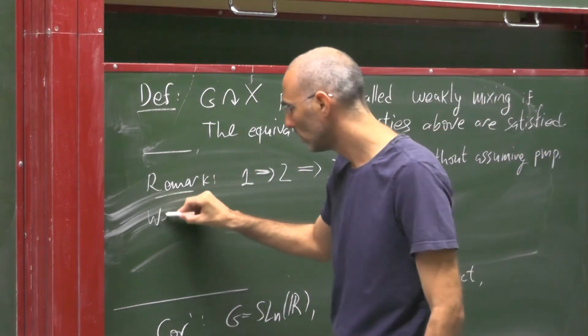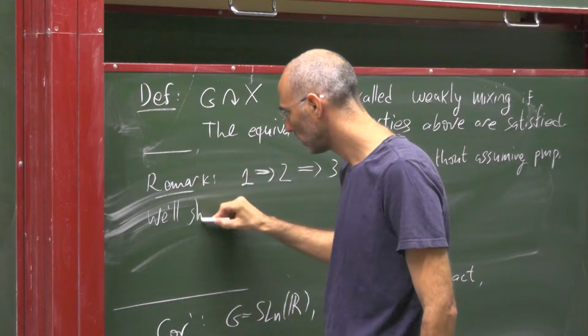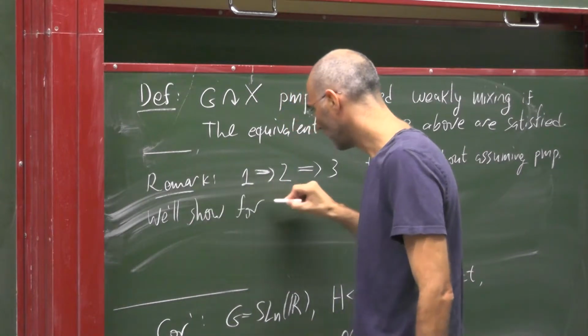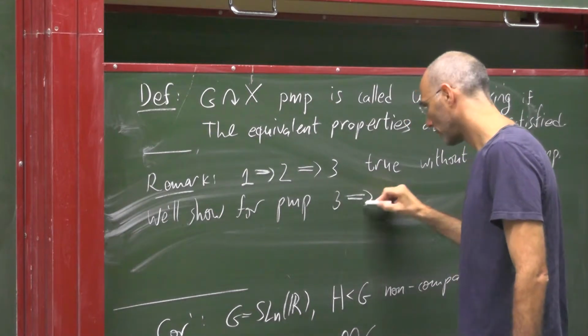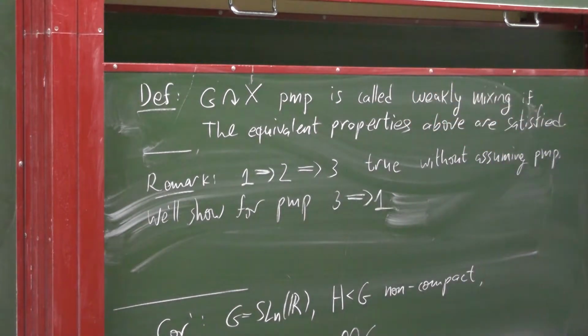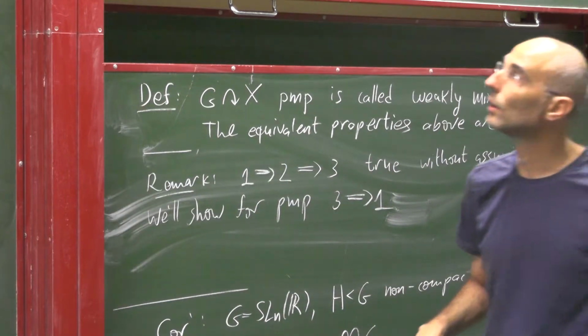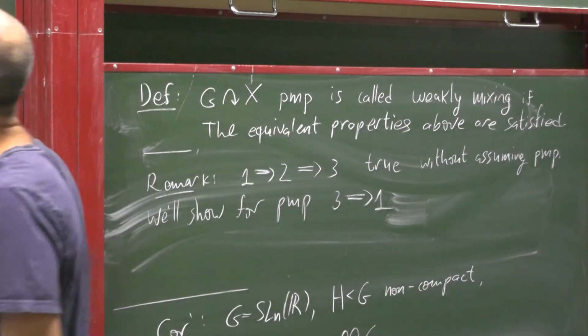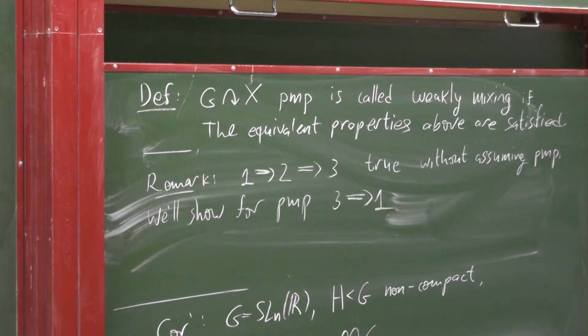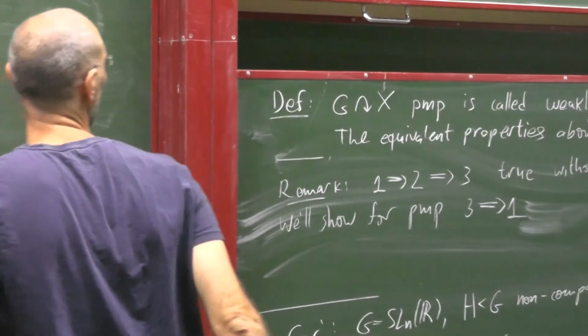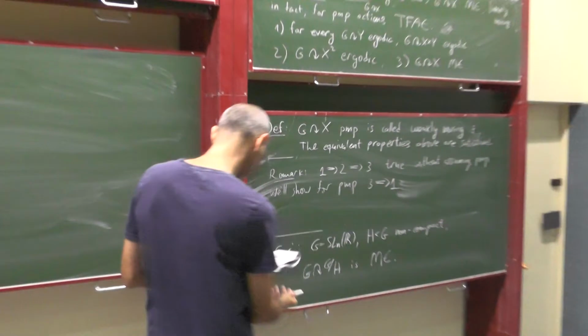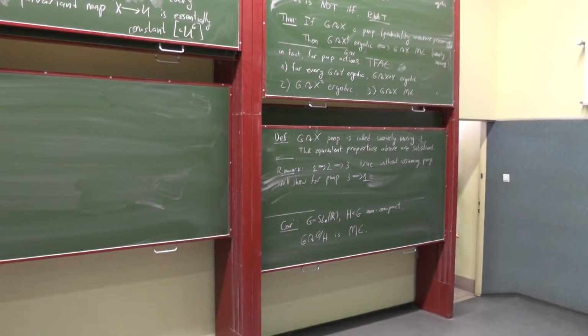We'll show 3 implies 1 for PMP at the same time. Okay, so this is what we do. Any question?